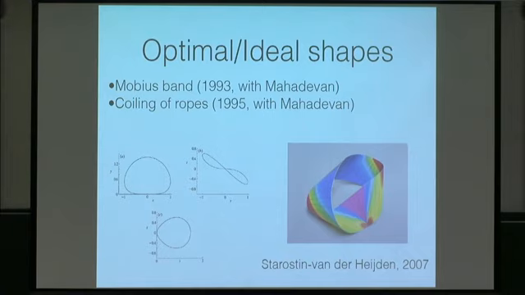Another interesting problem is the problem of the Möbius band. So that's work you've done with Mahadevan. And that's the solution that they obtained. The problem, trying to find the shape of that band, is that the solution they solved was based on Kirchhoff-Rod with circular cross-section or rectangular cross-section. That doesn't apply to strips that have to be inextensible. Another solution was proposed by Starostin and van der Heijden in 2007 based on the work of Wunderlich and Sadowski in the 30s.